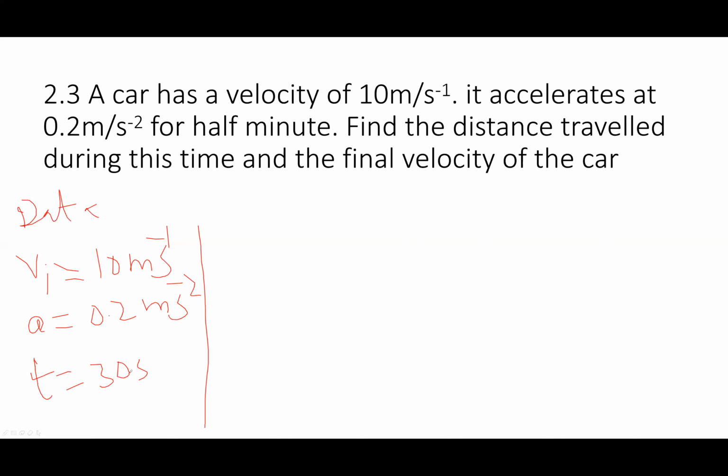We have to find the distance and the final velocity also. So first we have to find distance. The best option is the second equation of motion: s is equal to vit plus half at square.